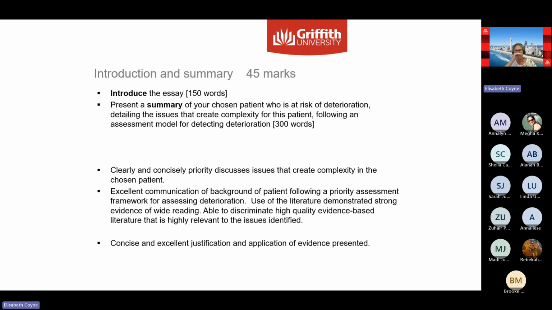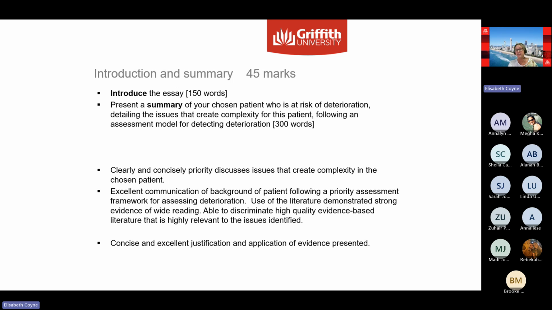So even though it says your chosen patient who is at risk, think about that as a patient group. Why were they that at risk? Because of their cohort, their age, their comorbidities, and then the factors around that, which is the staffing.